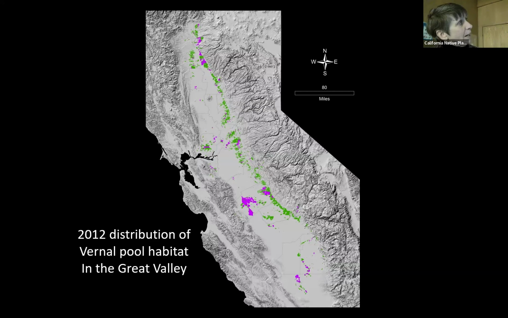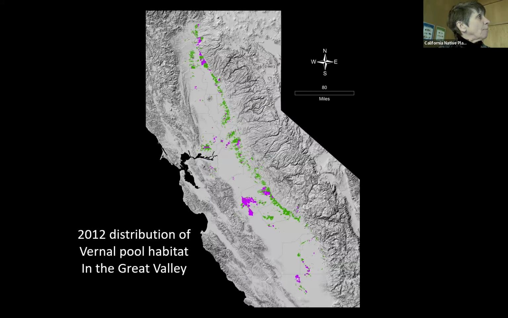The total green area that was available there is a little over 750,000 acres. The purple represents stuff that's protected, and that is about 230,000 acres, or almost a third of the vernal pool landscape is currently protected. And I'm hoping the next time I map, that number is going to go up some.